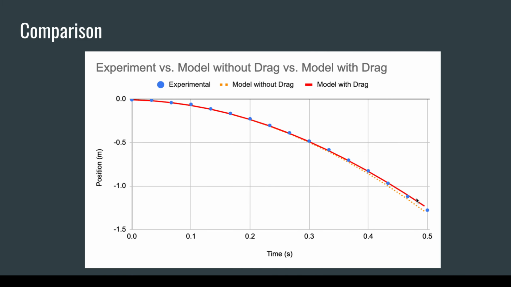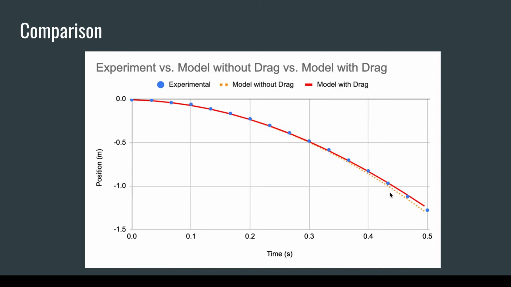So here it is graphed. We can see that both of the models are accurate to the experimental data at the beginning, and then towards the end it goes off a little bit with the model without drag, especially because it predicts the object falls farther than it actually does, because it doesn't take into account the air resistance or the drag force.